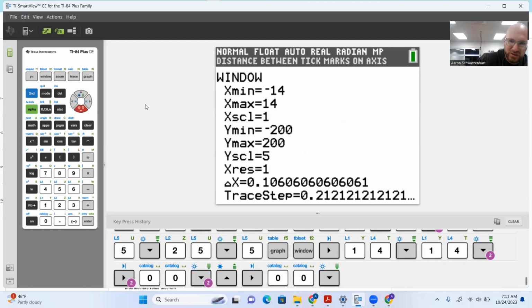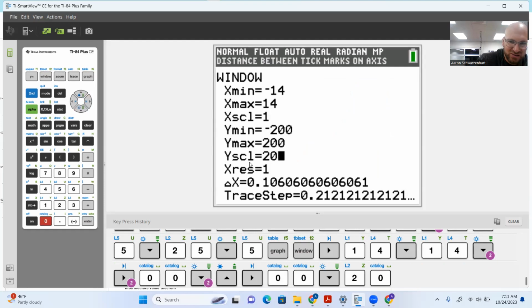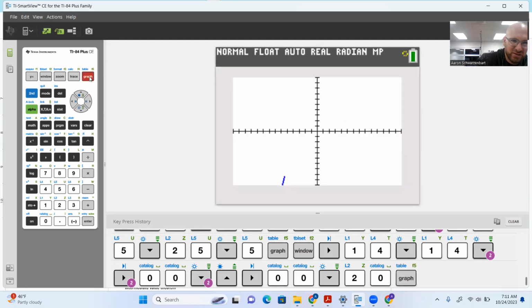I'm going to go by 20s. Basically I took a 0 off there. Now they look closer. You can still tell a significant difference between the red and the blue.